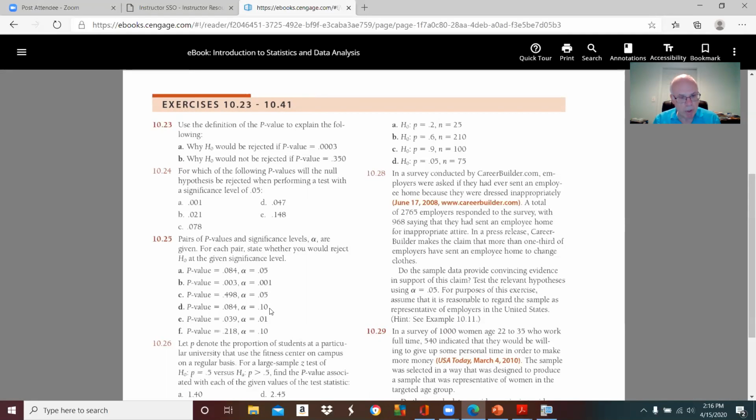This is a case where we would reject. That's D. E, again, p-value bigger than alpha, do not reject. And F, again, the p-value is bigger than alpha, we do not reject. So out of these 6 that are listed here, only D do we reject the null hypothesis. The other 5 we do not.